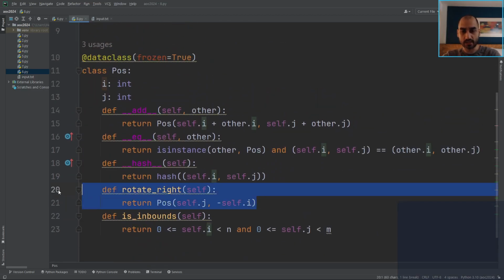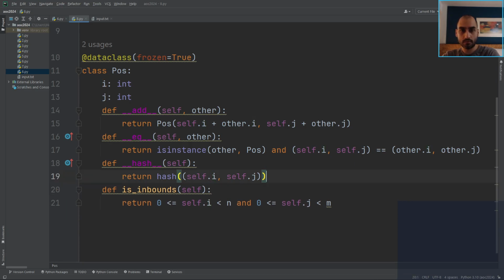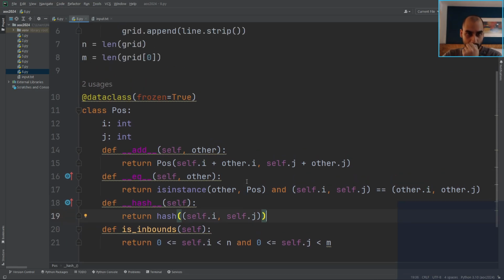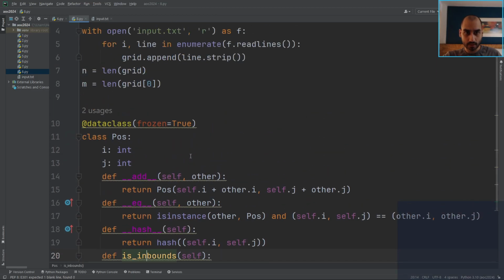I don't need rotation. Okay, so we do want add because we're going to add two vectors together. Equality and hash, just leave those in.